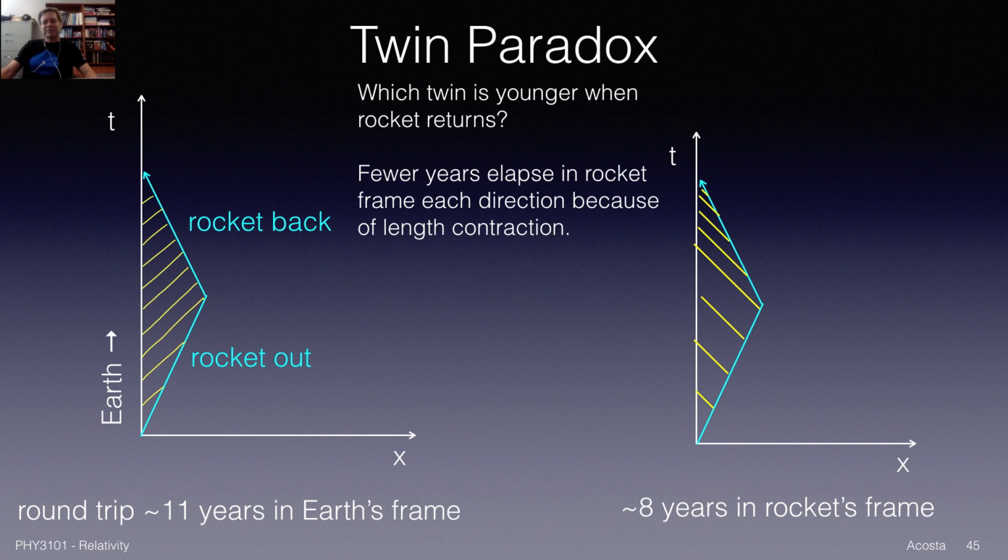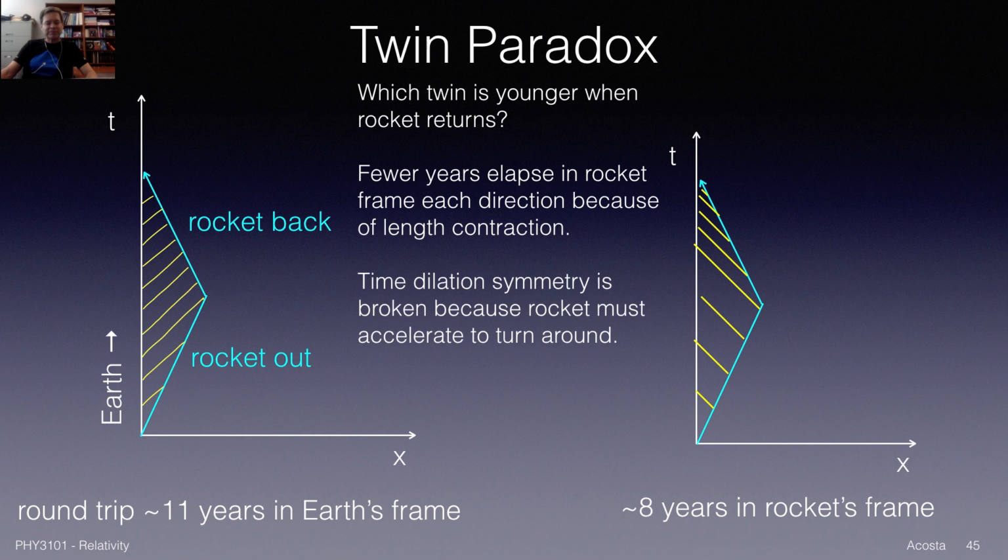Well, here's the mystery of all that explained. The time dilation symmetry is broken because the rocket must accelerate to turn around. The time dilation works for inertial frames. An inertial frame is one where the laws of physics hold, and it has a constant velocity with respect to any other inertial frame.